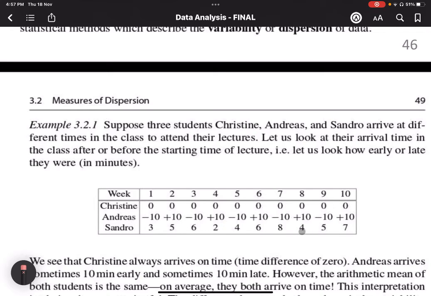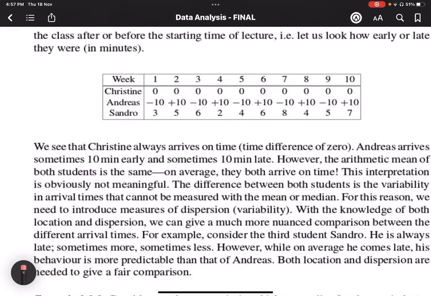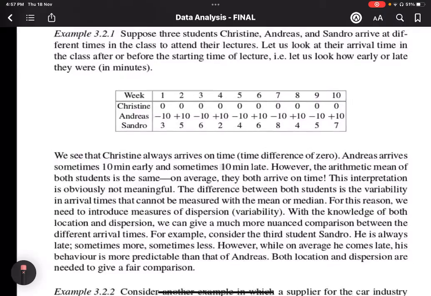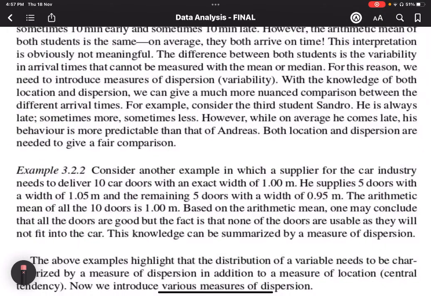Yan, si Sandro. So, if we compare daw, pwedeng maging pare-pareho sila ng average, but yung distribution ng kanilang data, with regards sa kanilang pagpasok, sa kanilang tardiness, will be different. Okay? Under ng measures of dispersion.